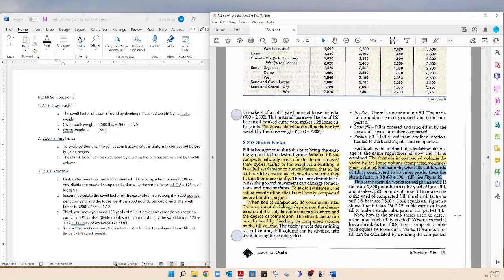In other words, 80, that's the compacted yards, divided by the loose yards, 100, equals 0.8.